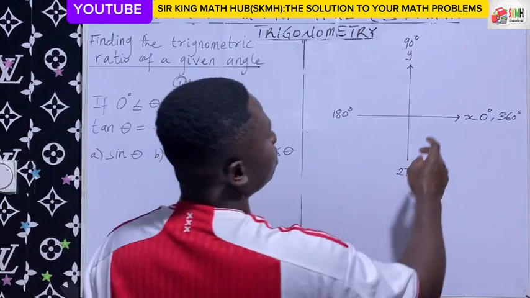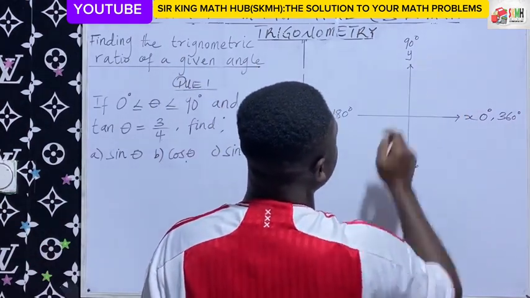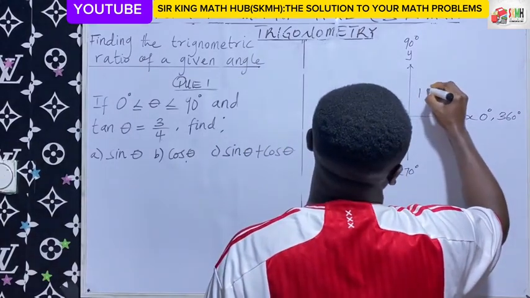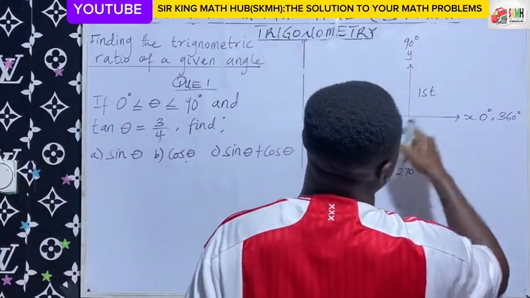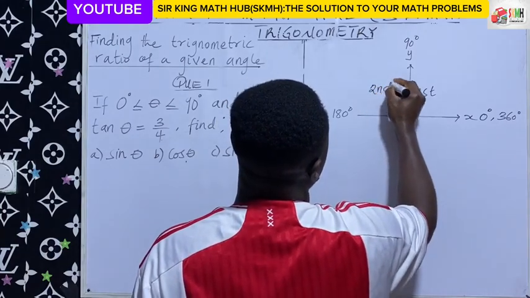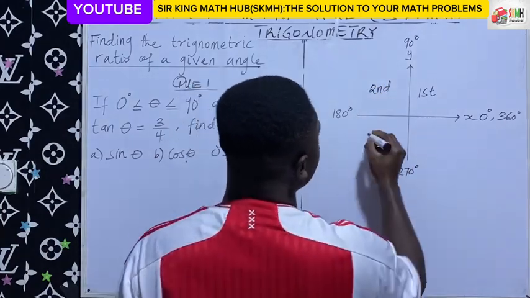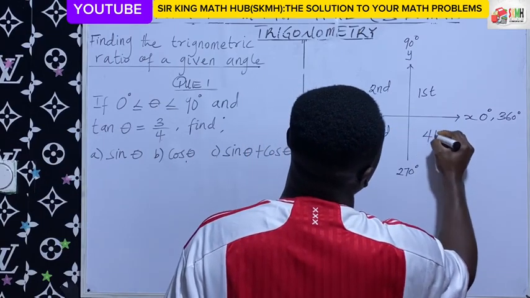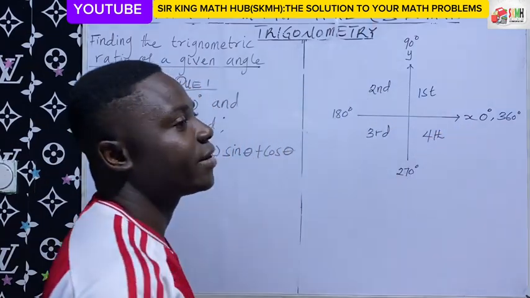Now, because this was our first region, this region here refers to our first quadrant, our second region, this will be our second quadrant, our third quadrant, and then our fourth quadrant.